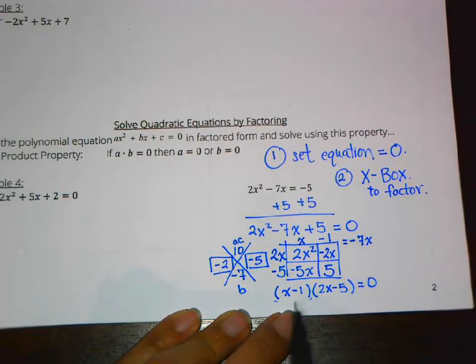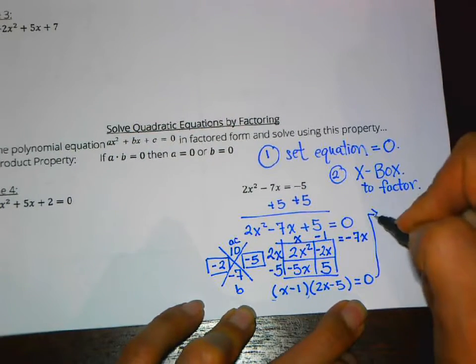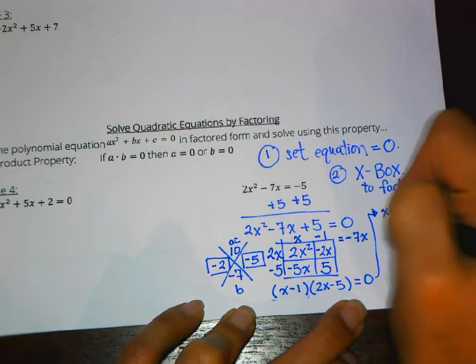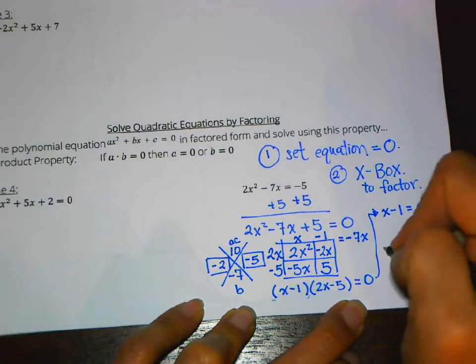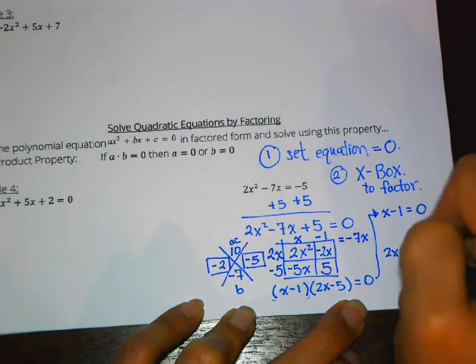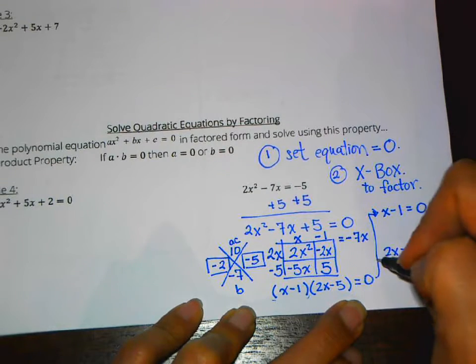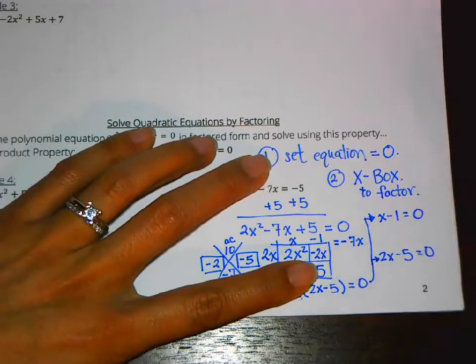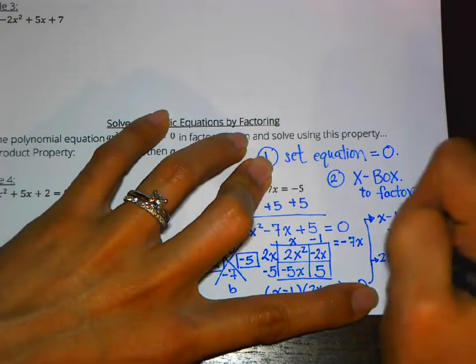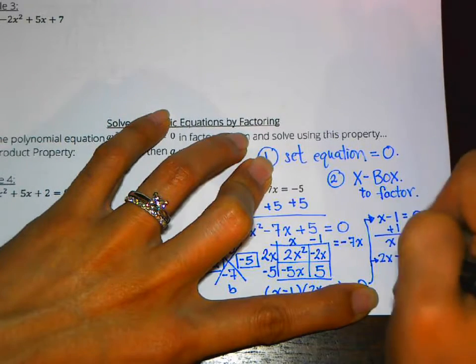If they multiply to equal 0, I know that x minus 1 has to equal 0, or 2x minus 5 has to equal 0. Now that I have two equations, I can solve each one of them to figure out what x is. Add 1 on both sides, so I know that x can equal 1.